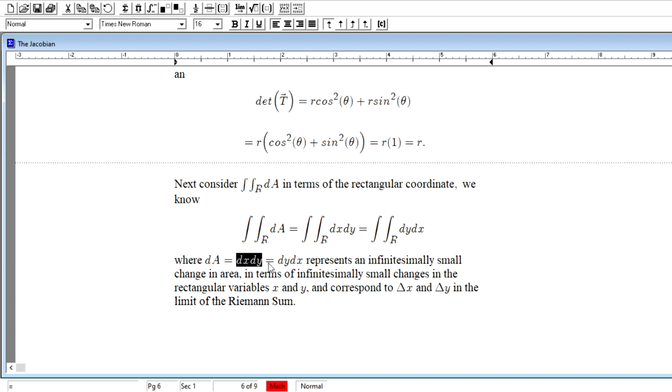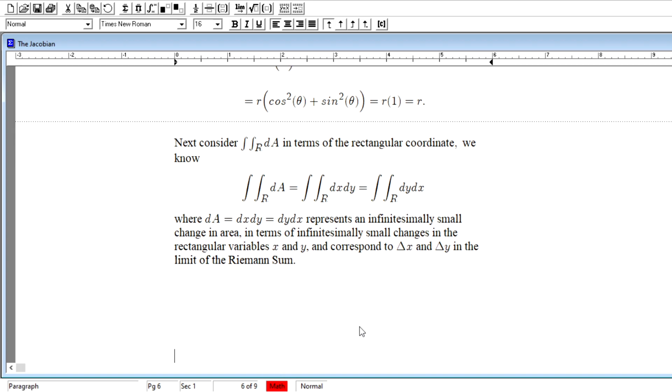And what dx dy correspond to is delta x and delta y in the limit of the Riemann sum.